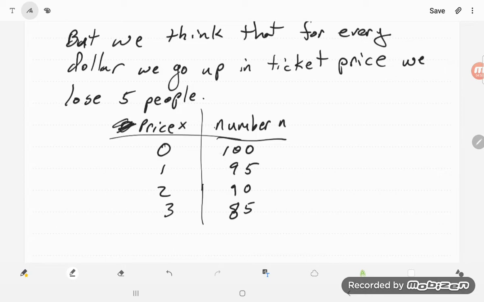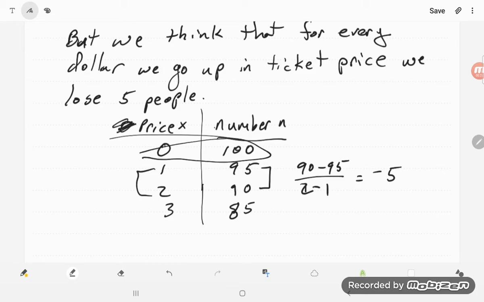And I should notice a pattern here, right? If I look at my slope for this, I go down 5, right? So 90 minus 95 when I go from 1 to 2, over 2 minus 1. And so my slope is -5.